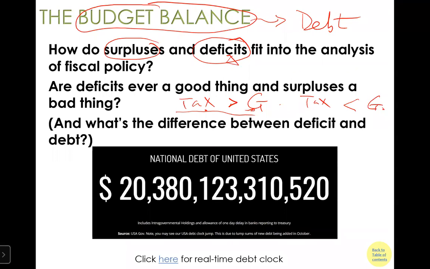If we look worldwide, or at history, almost all countries run a deficit most of the time. Very few countries, even the United States, run a surplus, and only in very few years. Most of the time we run a deficit. Now the question is, how are we going to finance this deficit? The answer is that the government is going to borrow to finance the deficit.